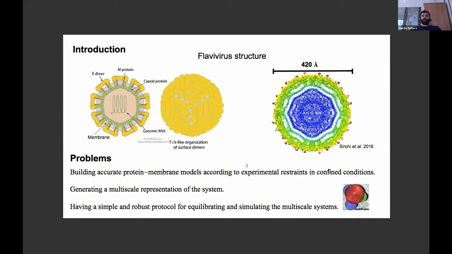Today, cryo-EM is achieving high resolution structures of multi-protein complexes, such as capsids and envelopes. However, membrane components are still hard to solve with enough atomic resolution for the accurate generation of molecular models. So the only thing that we know with confidence about viral-like particles is the position of the atomic coordinates of the viral proteins.